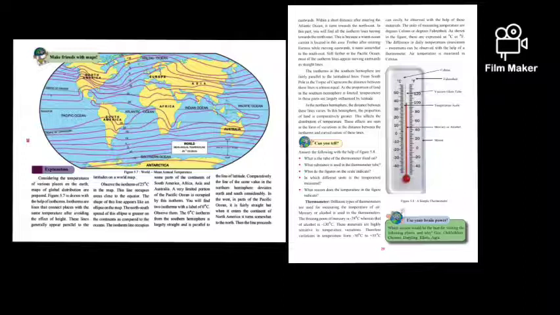You could see the isotherms are straight from South Pole to the Tropic of Capricorn. The distance between these lines is almost equal. Okay, South Pole towards the Tropic of Capricorn.